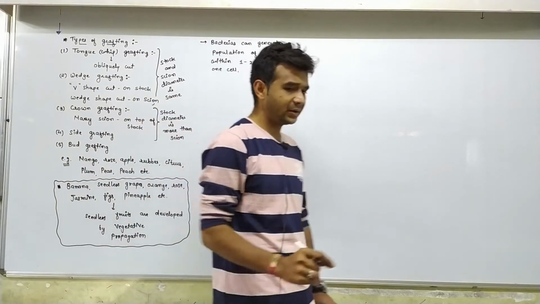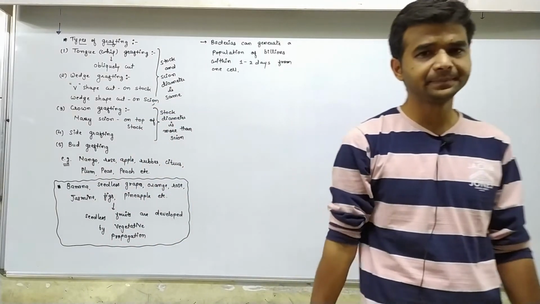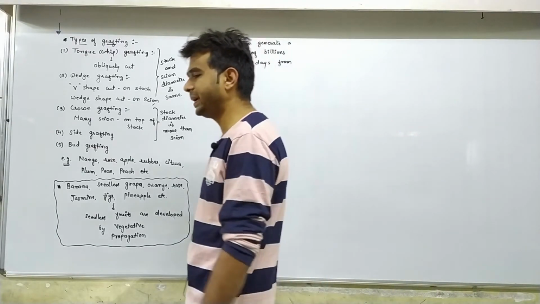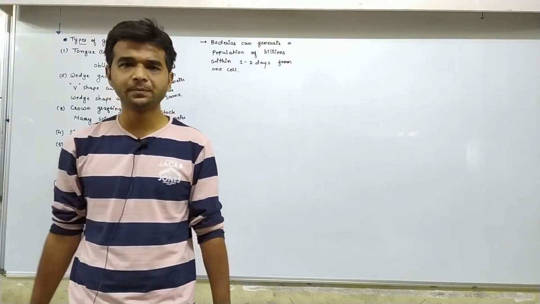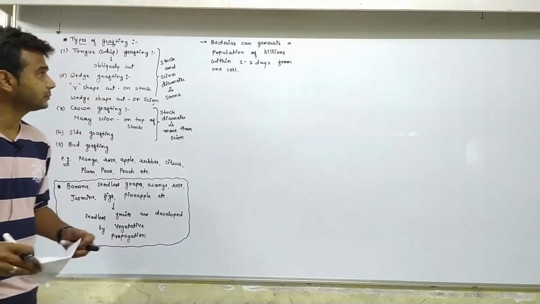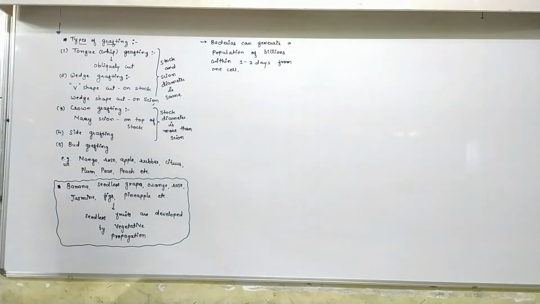If we take only one cell of the bacteria, within 1 or 2 days billions of copies of bacteria are formed. So that's why in bacteria the division rate is much higher. So this is about asexual reproduction.